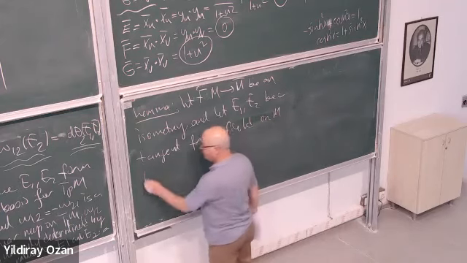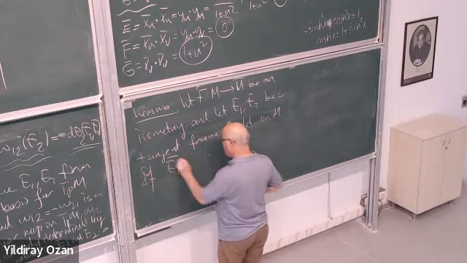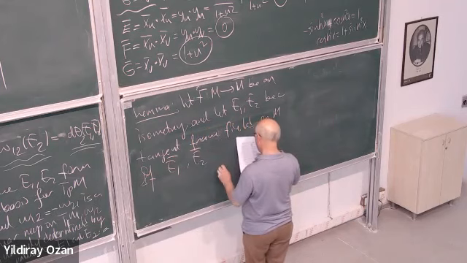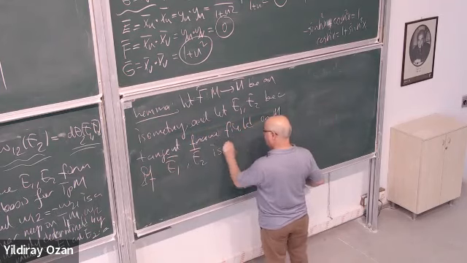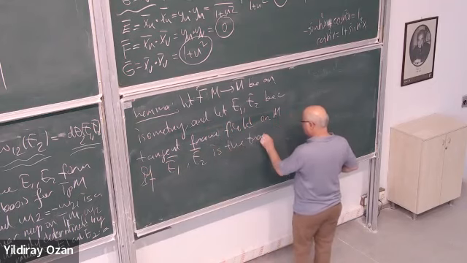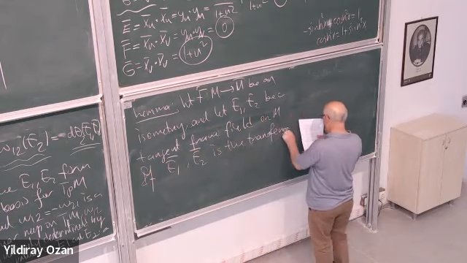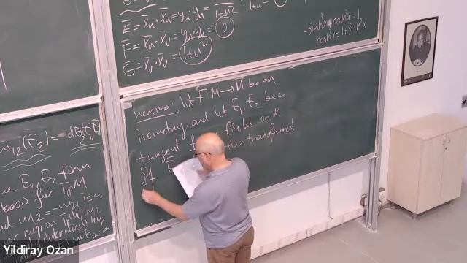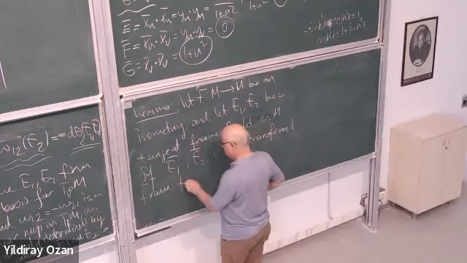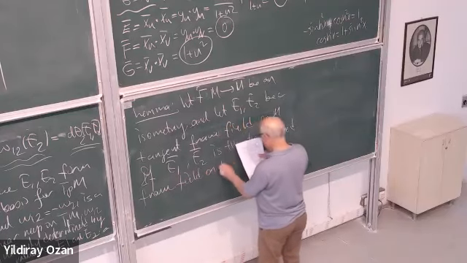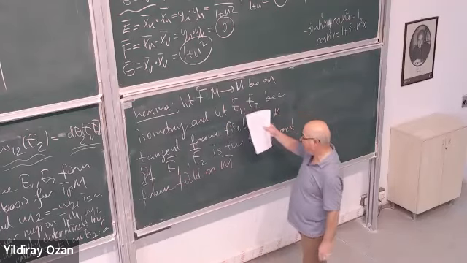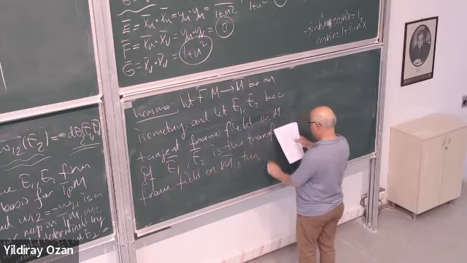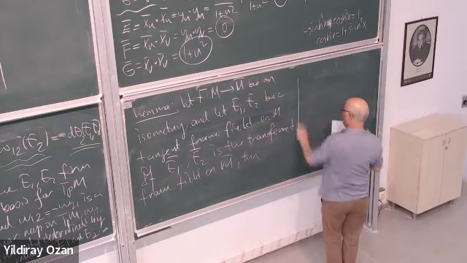If E1 bar, E2 bar is the transferred frame field on M bar via this F, then we have the following.